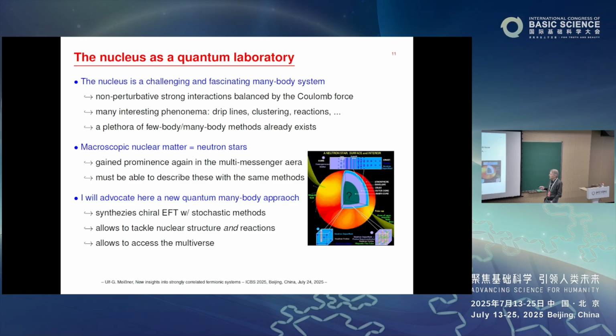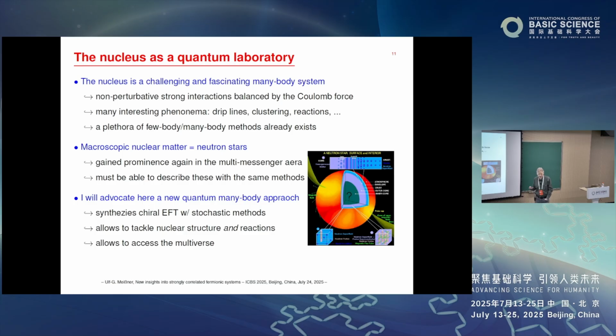For example, the drip line: how many protons or neutrons can we add to a nucleus before it becomes unstable? Then there's clustering phenomena, so some nuclei appear as alpha clusters, and this has to be understood. And then there are many reactions which make up relevant elements of life, like carbon-12 or oxygen-16 in stars. And of course, there are also a large number of few- and many-body methods existing. I will discuss in a moment why one should come up with a new method.